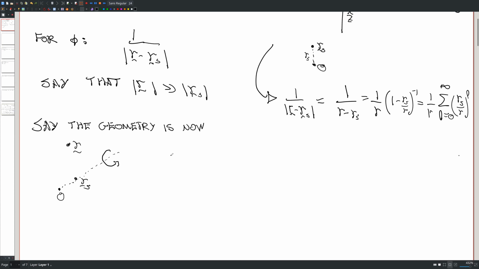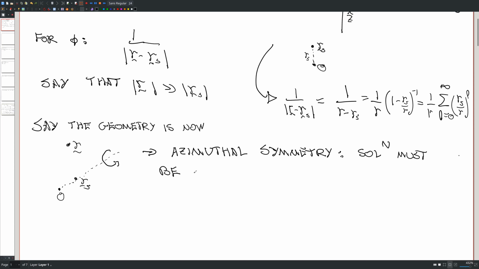So here we have an azimuthal symmetry, and the solution must be of the form that we had seen before.